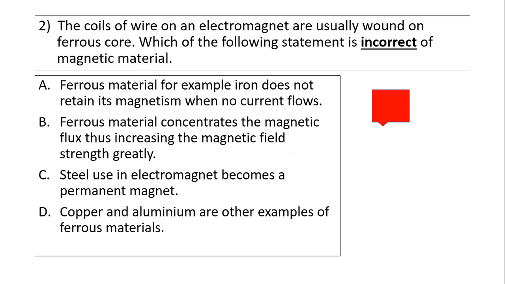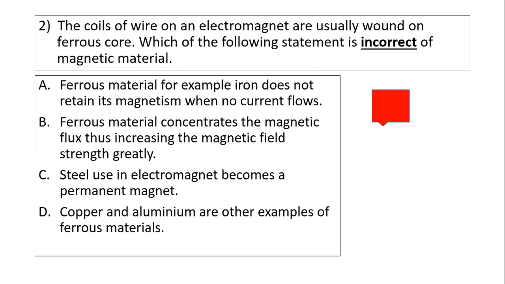The coil of a wire on an electromagnet is usually wound on a ferrous core. Which of the following statements is incorrect of magnetic material? Ferrous material, for example iron, does not retain its magnetism when no current flows. True.